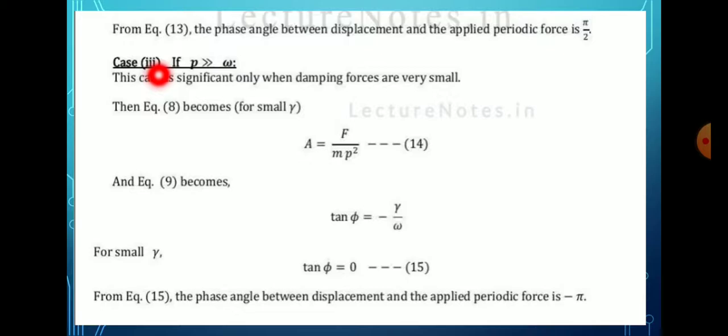Then case 3: if p is greater than omega. This case is significant only when the damping force is very small. Equation 8 becomes A equal to F divided by M p square. That is equation number 14.